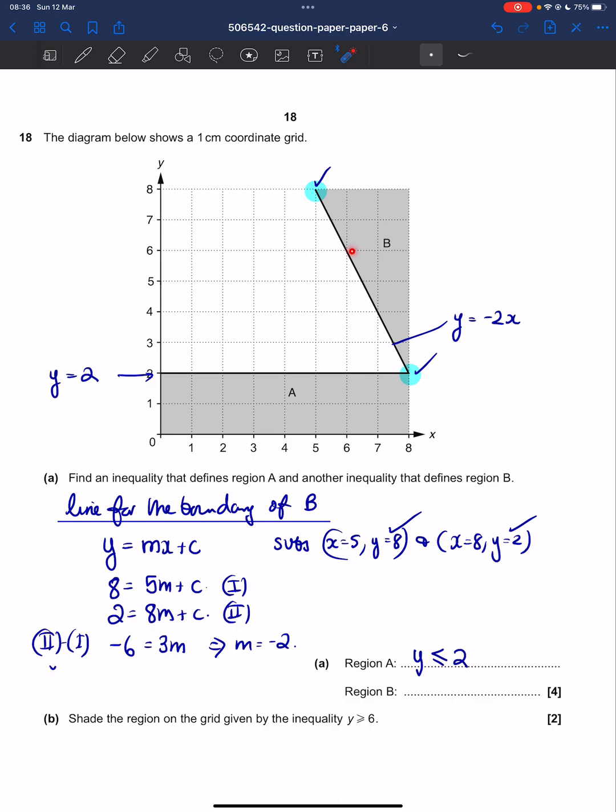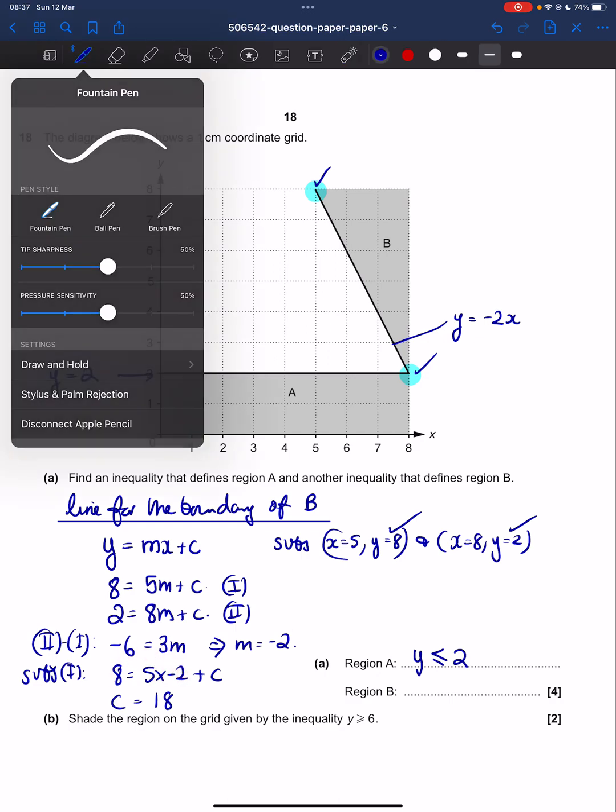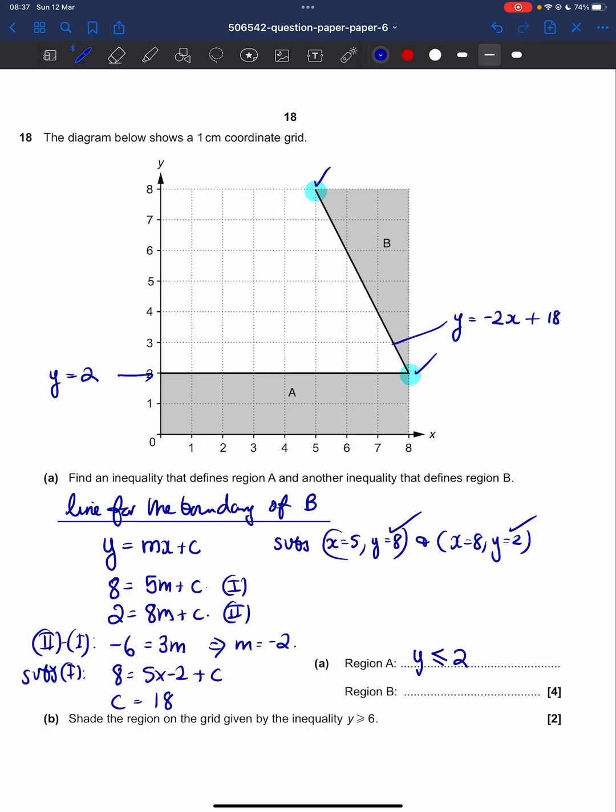And then if we substitute into 1, we get 8 is 5 times -2 plus c. So c is going to be 18, which is 8 plus 10. Add 10 to that side. So the line for the boundary here is y is -2x plus 18.